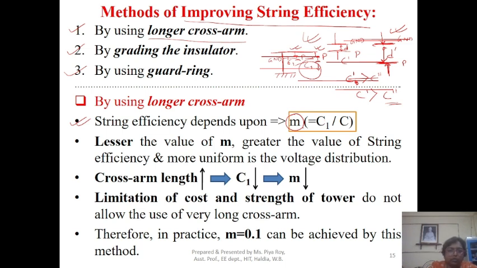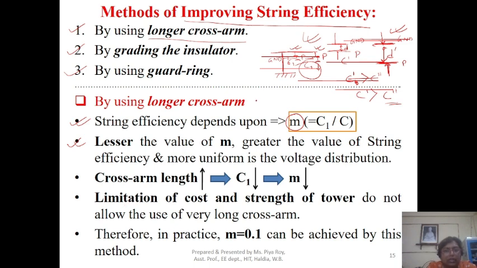The second point: the lesser the value of M, the greater the string efficiency and the more uniform the voltage distribution. So an increase of the cross arm length drops C1, and that drops M.